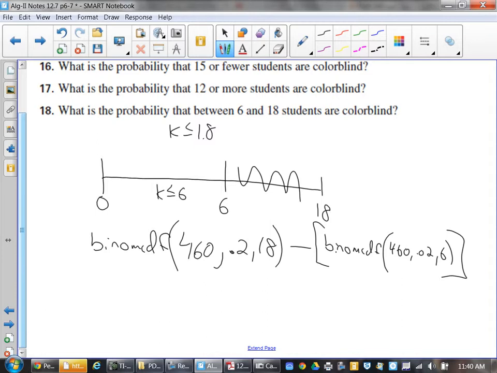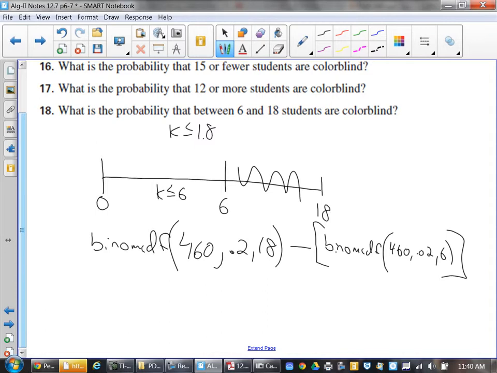Going from 0 to 18, the CDF adds everything up from 0 to 18. And if I subtract out what goes between 0 and 6, aren't I left with what's between 6 and 18? You know what I mean? Allie, what did you do?